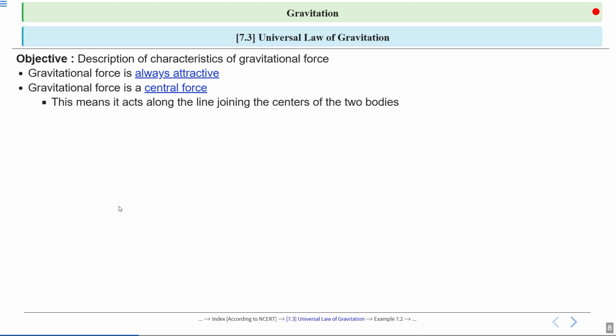This central force concept means that the force is directed along the line joining the centers of the two bodies involved. This is important because it helps us to understand the predictable paths, like orbits, of celestial bodies.